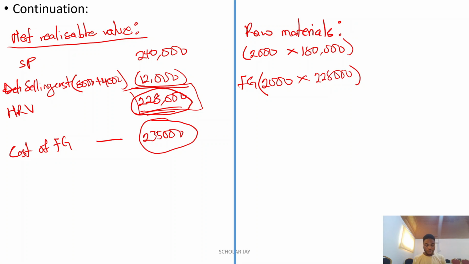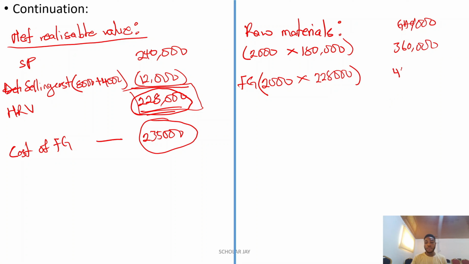So we are going to have 2,000 times 180,000. So that's 360 million. So let me put some zeros up. So 360,000. Right. Then 2,000 times 228,000. That will give me 556 million.